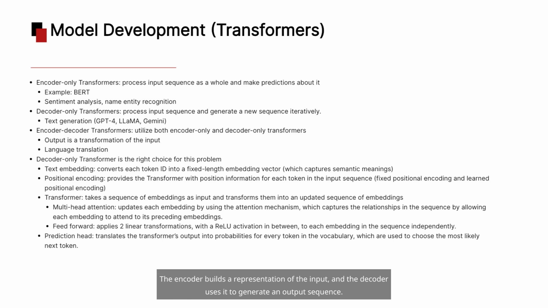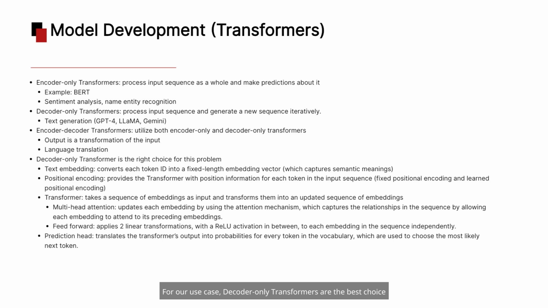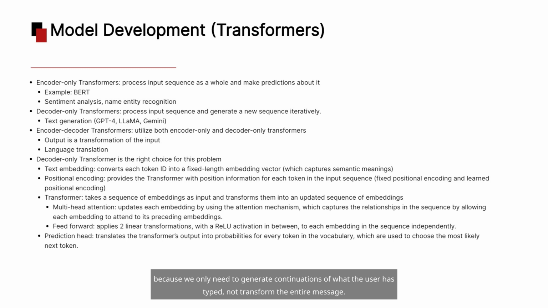The encoder builds a representation of the input, and the decoder uses it to generate an output sequence. This is the classic setup for machine translation tasks, where the output is a transformed version of the input. For our use case, decoder-only transformers are the best choice, because we only need to generate continuations of what the user has typed, not transform the entire message.